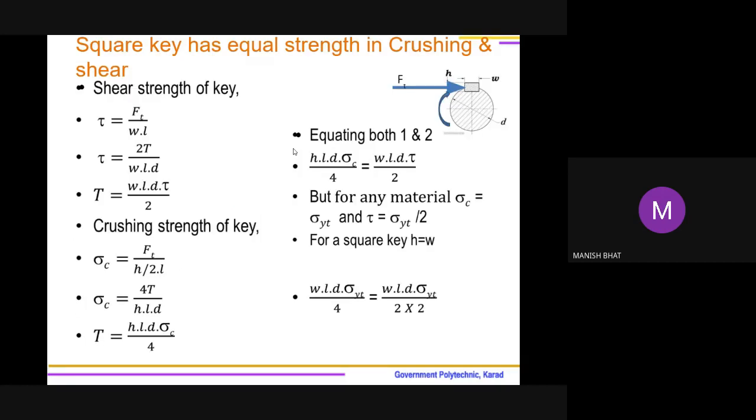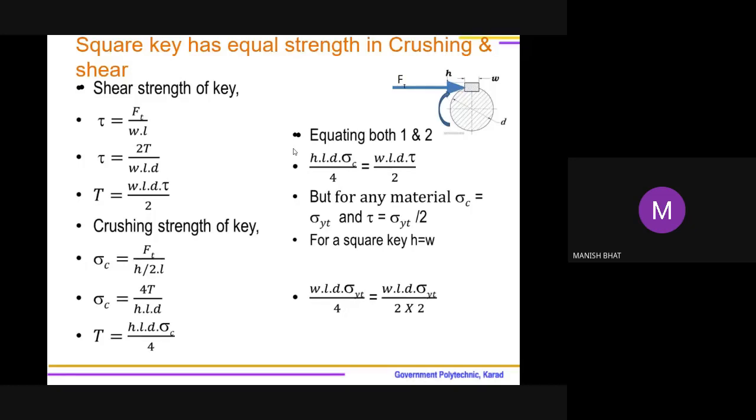Now, one more thing we will be learning here, and the statement is: a square key has equal strength in crushing and shear. Yes, it is true that whenever we use a square key, it exhibits the same strength in crushing and shear. How?